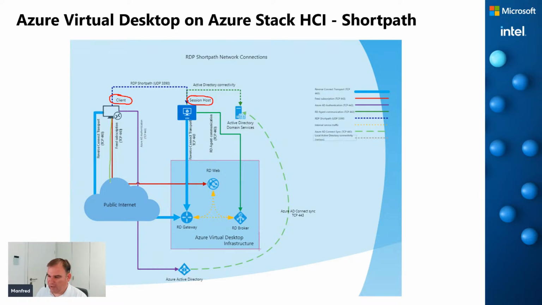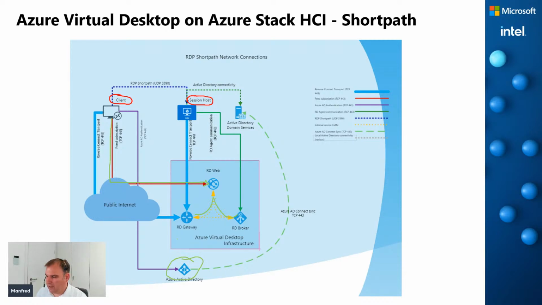It connects to the public internet, it connects to the Remote Desktop Services web client, this is what I did, or it uses the client. It validates via the gateway and the broker, or verifies what the target host is. Azure Active Directory is used for authentication. This was before they connected to the gateway and the broker.